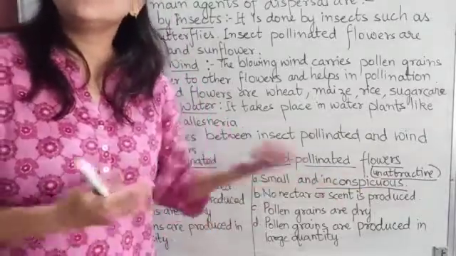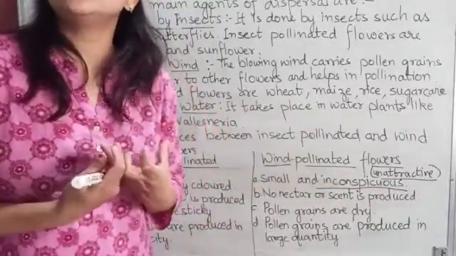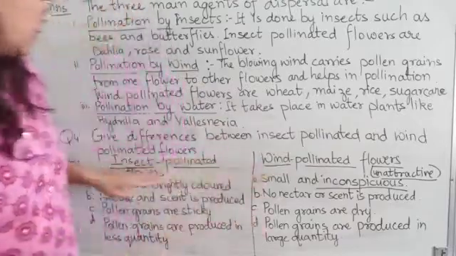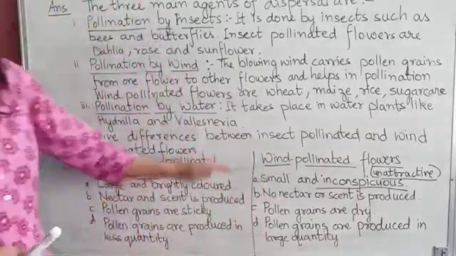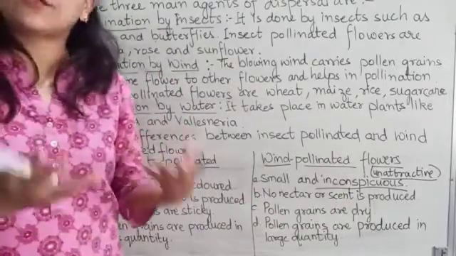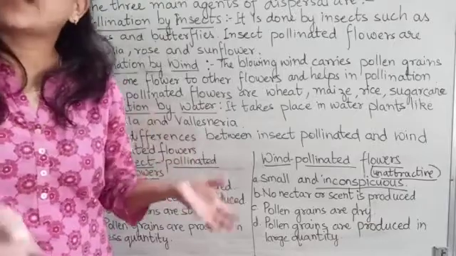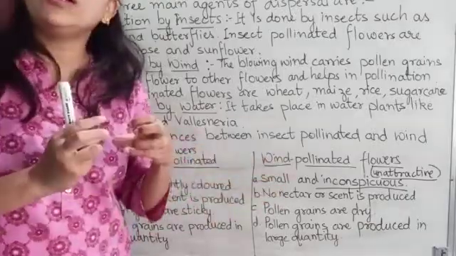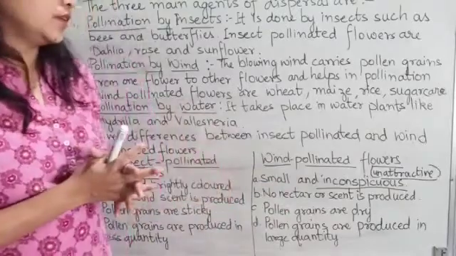Now what does inconspicuous mean? It means they are unattractive, unlike insect pollinated flowers. Insect pollinated flowers are attractive because they are large and brightly colored, but wind pollinated flowers are small and unattractive.